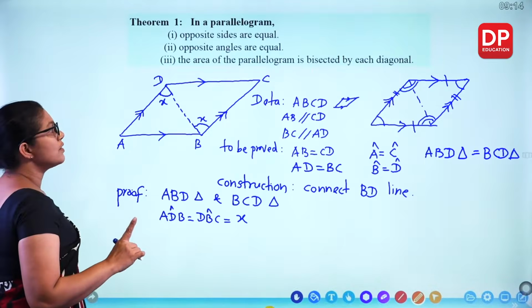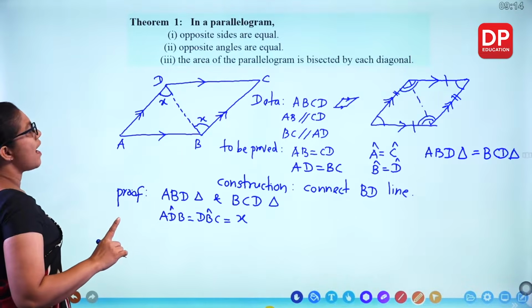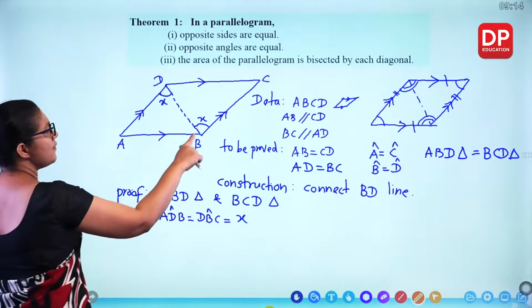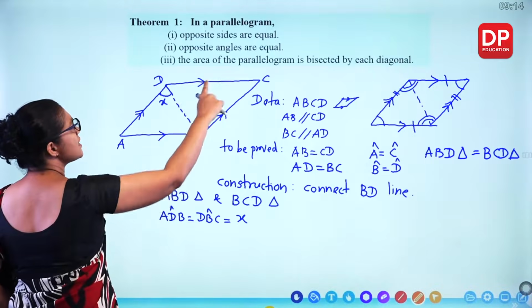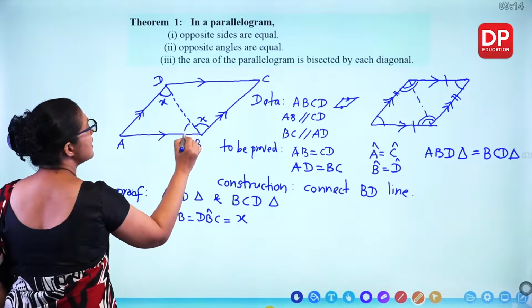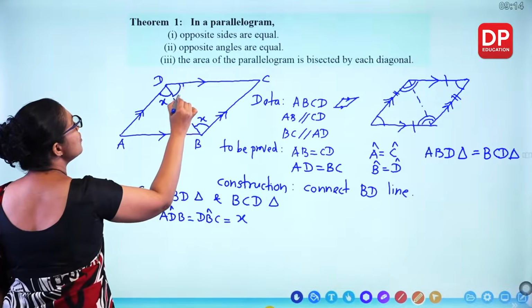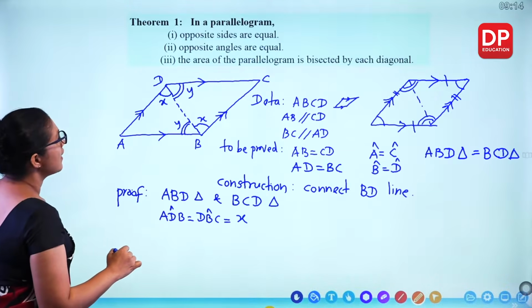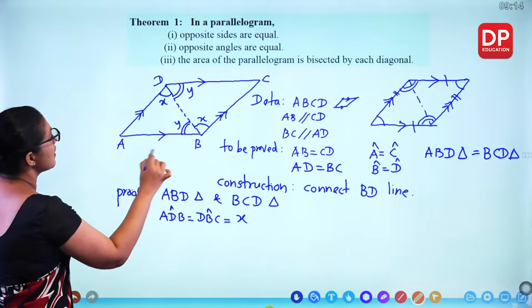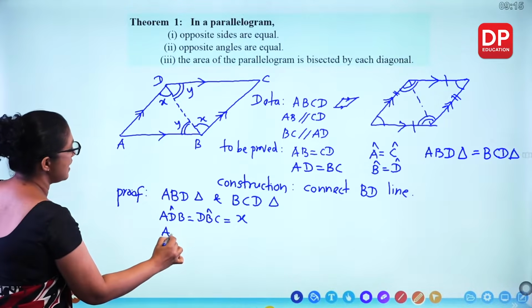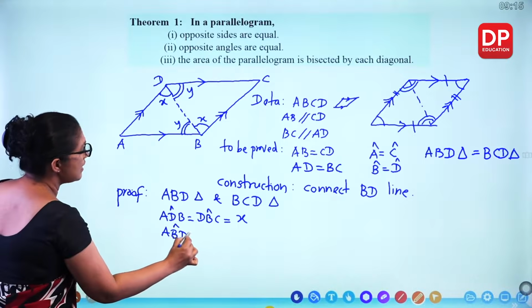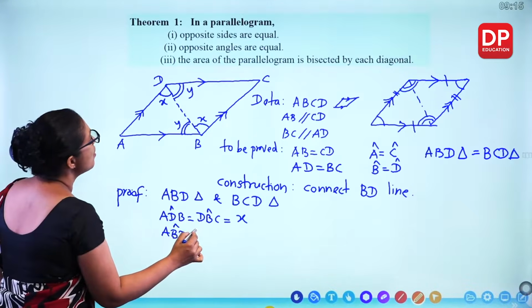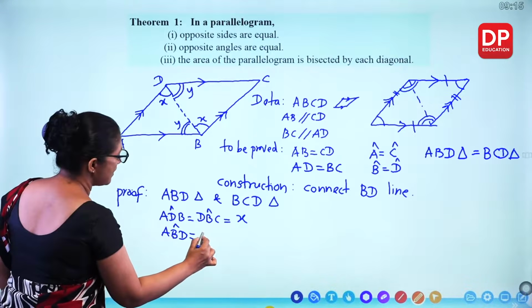And also in the same way, if you take the other way around, these two lines are parallel, so this angle is equal to this one. I'll put Y. I can write angle ABD is equal to angle BDC.